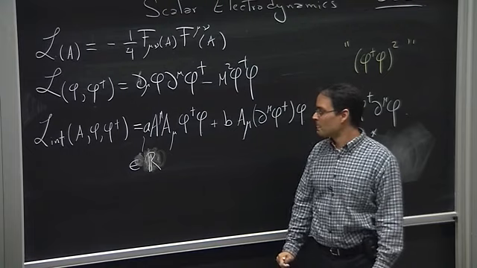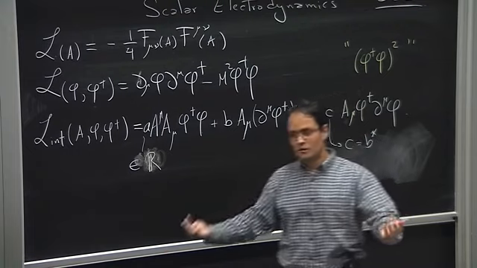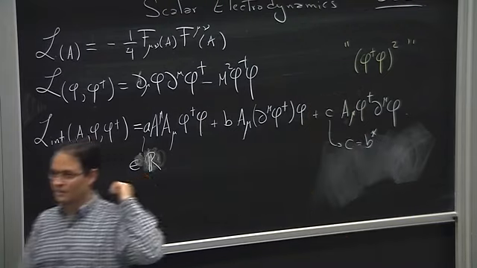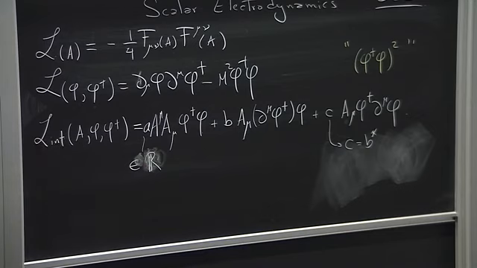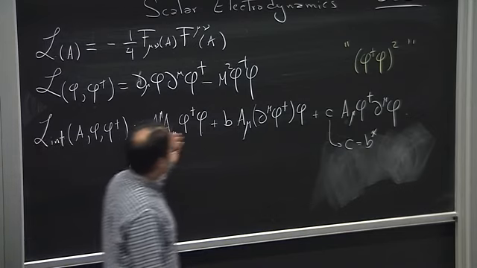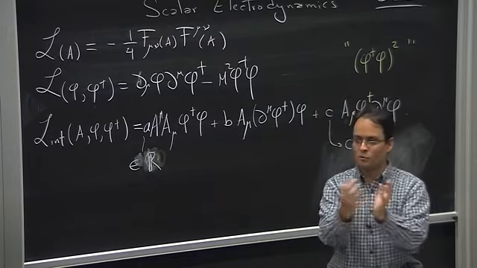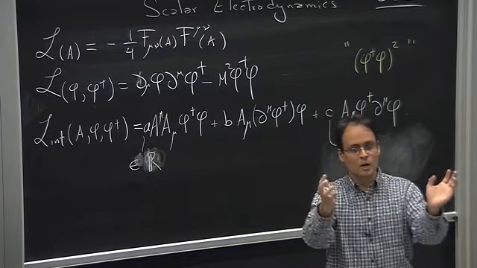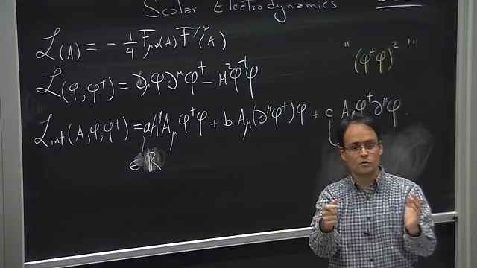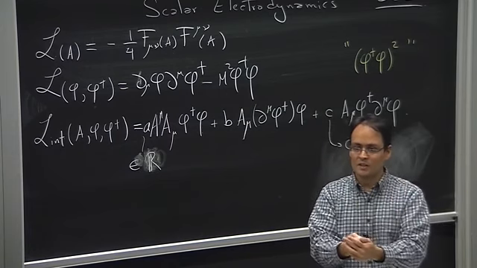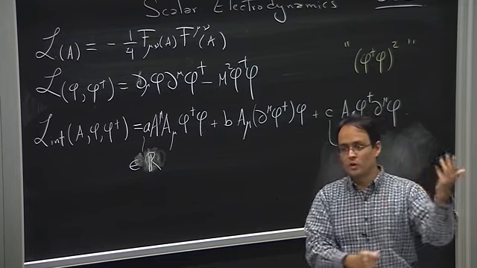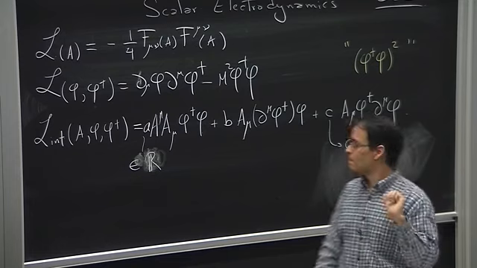Now, a vector field has too many degrees of freedom, as we discussed yesterday. In general, it has 4 degrees of freedom. We know that was the physical reason why we had to impose gauge invariance: we need 2 of those degrees of freedom to be redundant.